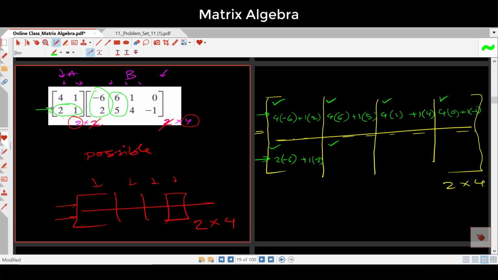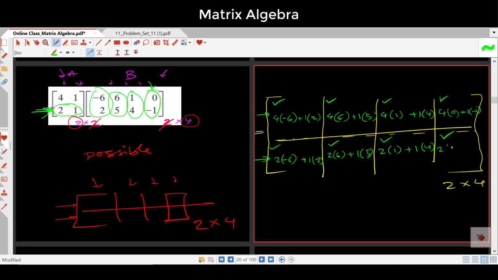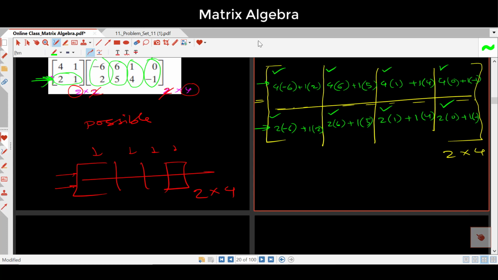Here, second row of A and second column of B, that is 2 times 6 plus 1 times 5. Now what will be here? Second row of A, third column of B, that is 2 times 1 plus 1 times 4. What will be here? Second row of A and fourth column of B, that is 2 times 0 plus 1 times minus 1. So finally we are done.